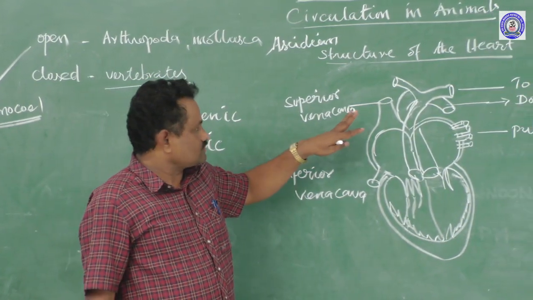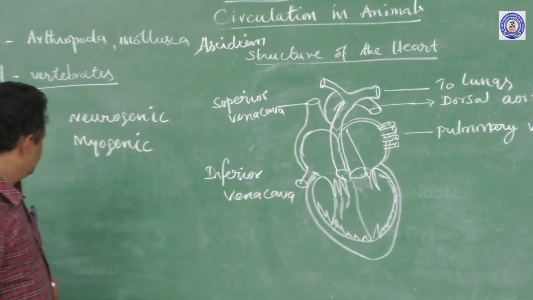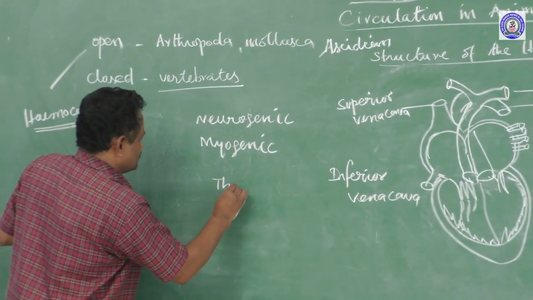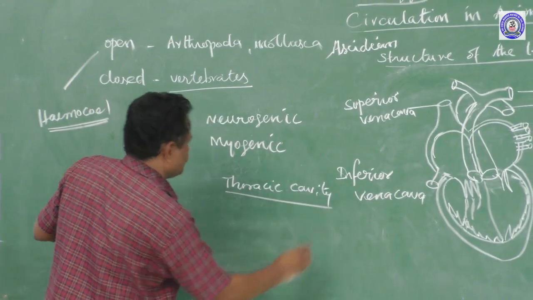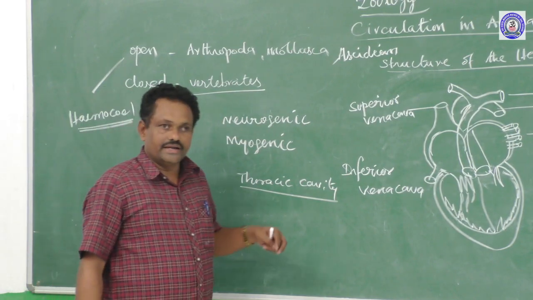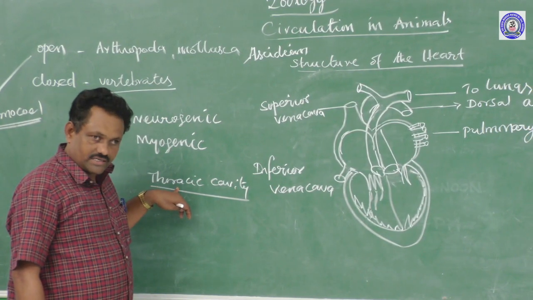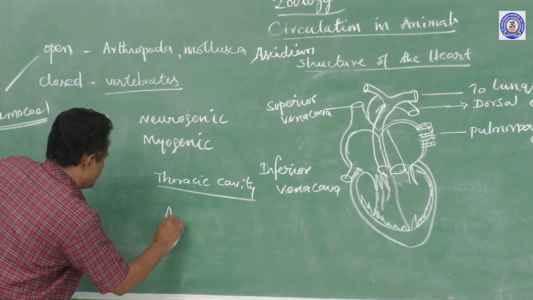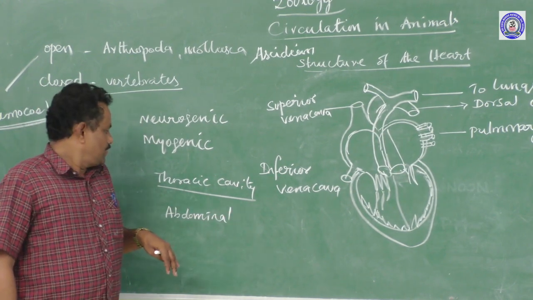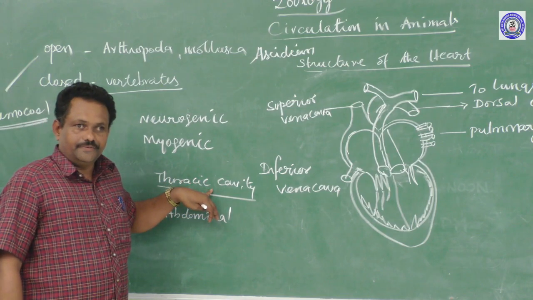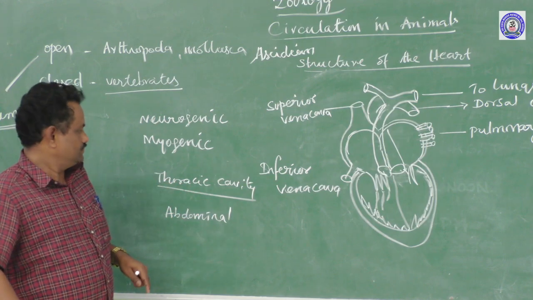In human, the heart is located in the thoracic cavity. See, in mammals, internally the body is divided into two cavities: the upper thoracic cavity and the lower abdominal cavity. In the thoracic cavity, the major portion is occupied by the lungs.